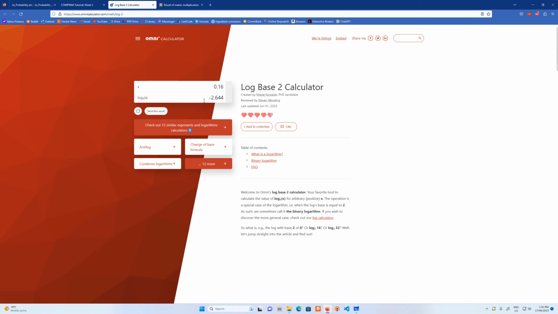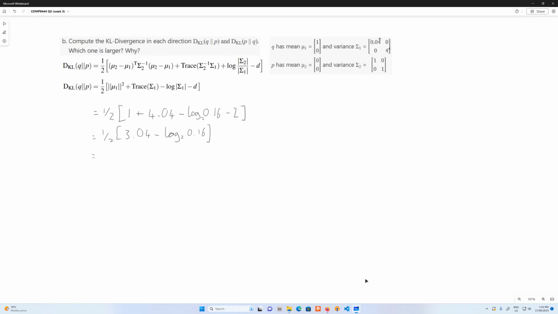So log 2 of 0.16 is minus 2.644. Because we were subtracting that, it ends up being an addition.